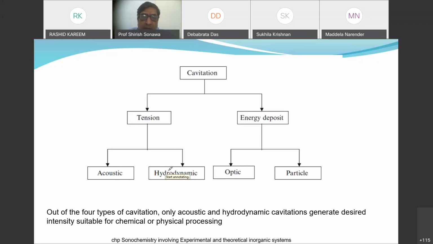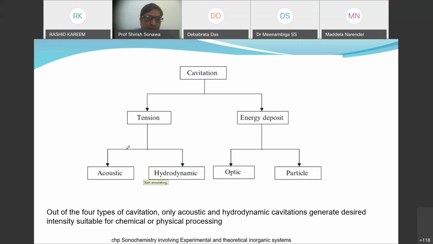Other energy based cavitations are there. Obviously, they happen, but the intensity is quite small. When particles collide with each other, the energy intensity is quite small, and in the optical case it is also very small. But these two, we can utilize for conducting chemical reactions in our case.